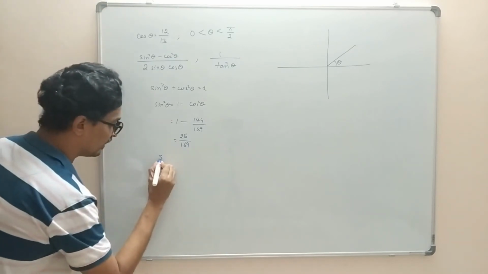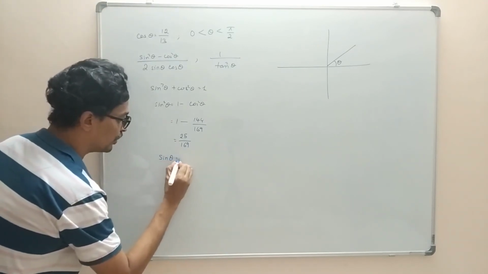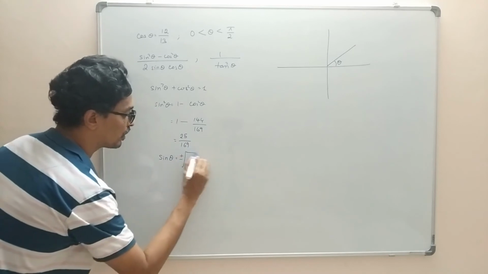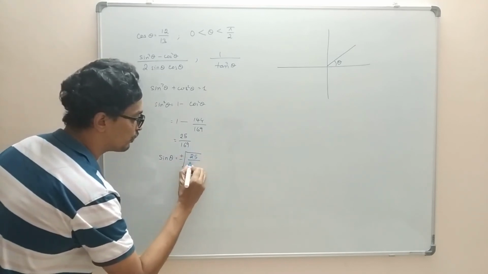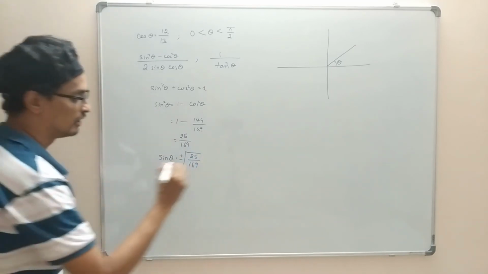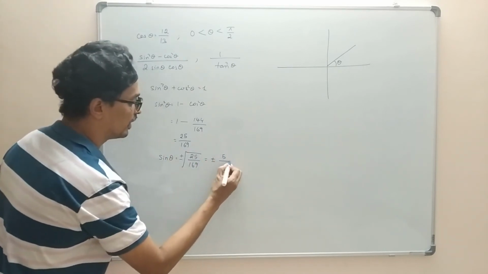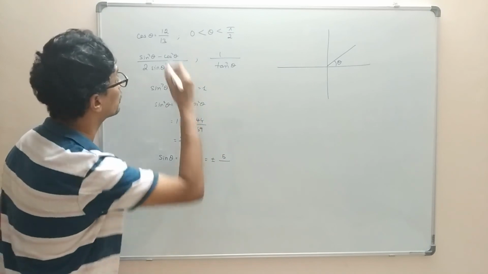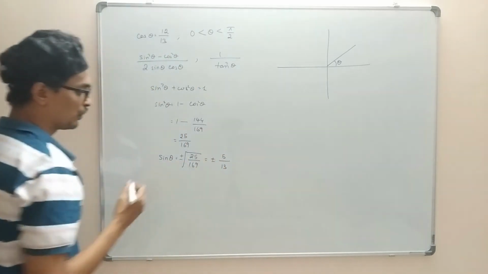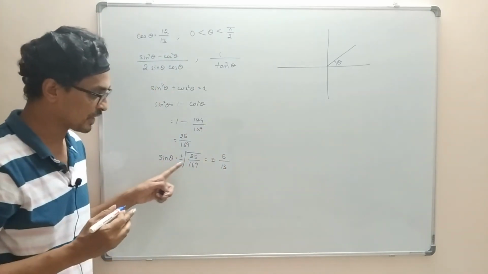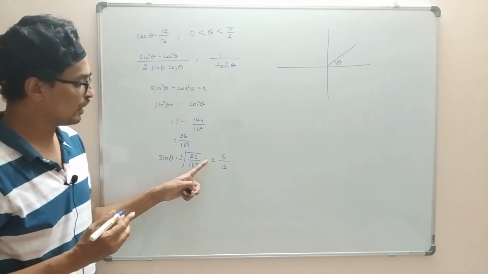So sin theta will be plus or minus root of 25 by 169. That is equal to plus or minus, square root of 25 is 5 and square root of 169 is nothing but 13. So for sin theta there's always a plus or minus, but only one value remains.